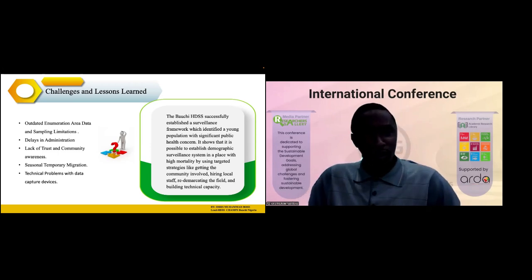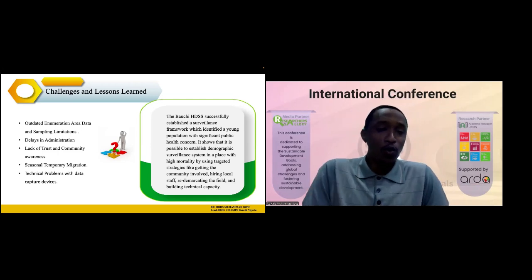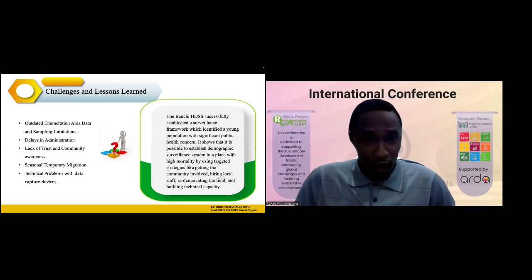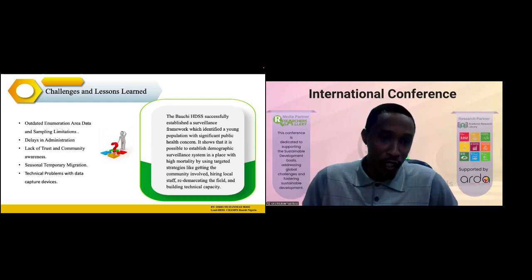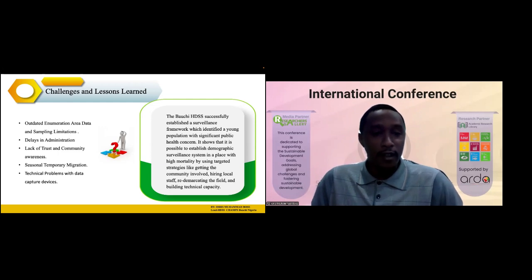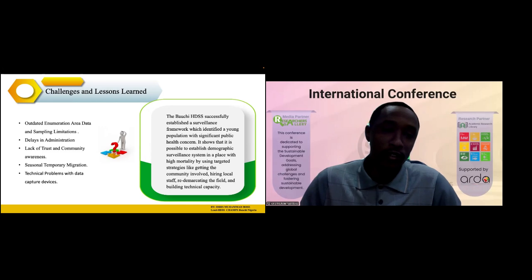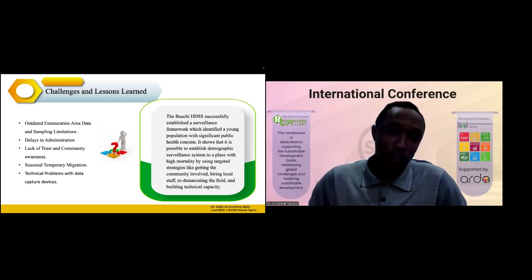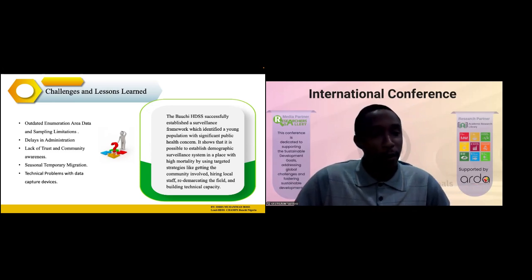Then delays in administration and lack of trust in the community, which was later addressed by empowering people from the community to conduct the exercise. Then seasonal temporary migration in some communities has hindered the enrollment of households in those communities after line listing and community mapping.